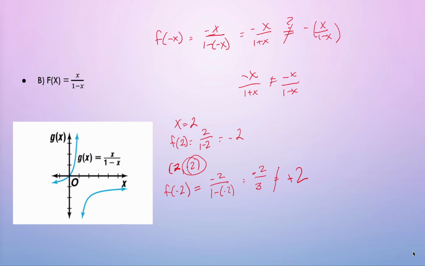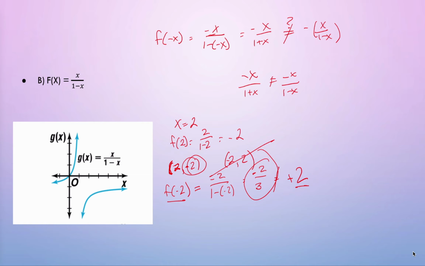No. All right, so if this were an odd function, we know that -2 is in the domain, or is on the function. It should be also the case that -2, positive 2 is in the function. But f of -2 is not positive 2. It's -2/3, meaning this is not an odd function.